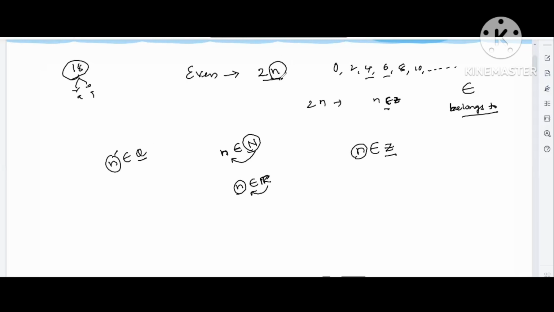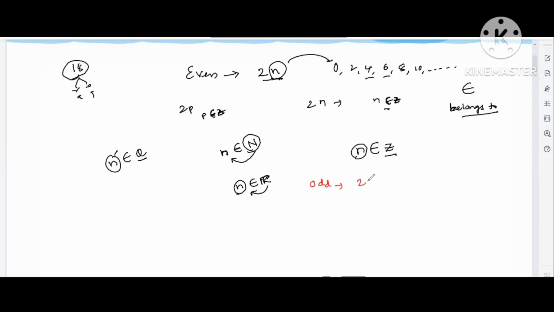If you take any letter, for example 2p, p belongs to Z means p is a number from the set of integers. You can substitute 0, 1, 2, 3: 2 ones are 2, 2 twos are 4, 2 threes are 6. We're taking integers. And one more, for any even number, if you add 1, we call that an odd number.